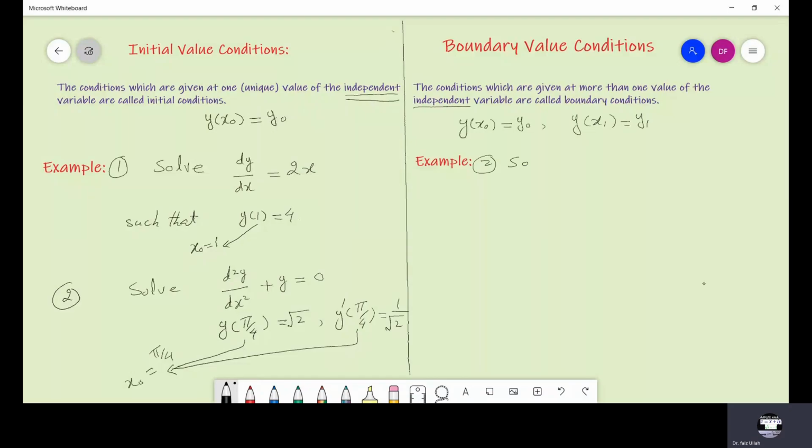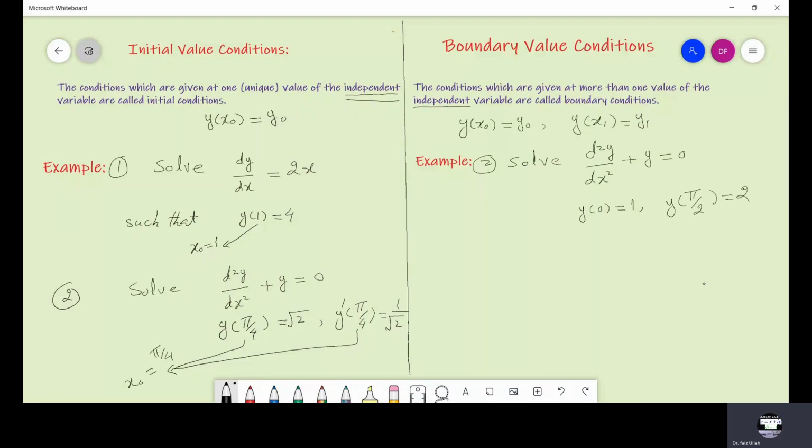In this example, we have a problem. Solve the ordinary differential equation d square y over dx square plus y is equal to 0 with the given conditions y of 0 is equal to 1 and y of pi by 2 is equal to 2.